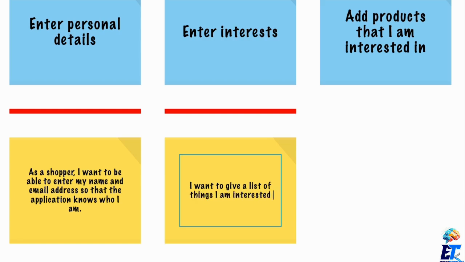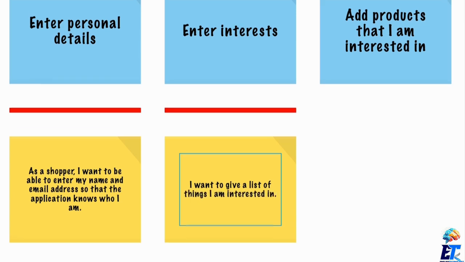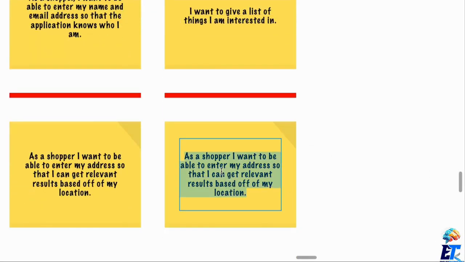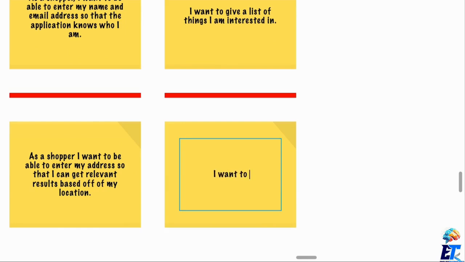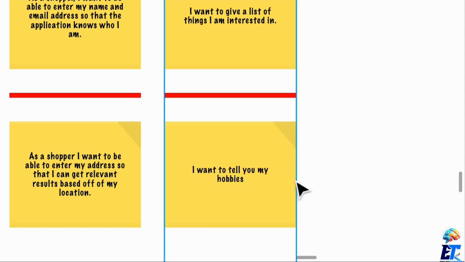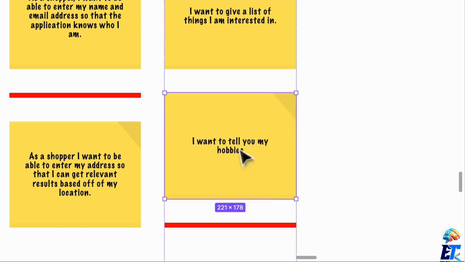I'm going to save you some time and not write out an entire user story. A second thing that may make it into the release, I want to tell you my hobbies, because maybe we can pull from that type of information. So that may make it into the release.